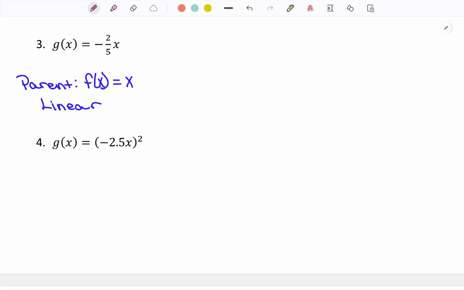So we have, first of all, that reflection. Since that negative is in front of everything, we are reflected over the x-axis.